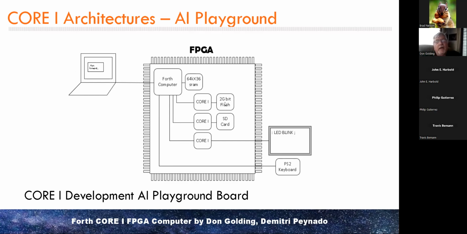Now, the 2 gigabit of flash is interesting. We have 64K by 36 bits, so 64,000 cells of SRAM, right? And we have this extra long-term flash memory that can actually hold 1,000 snapshots of SRAM. So think about this.